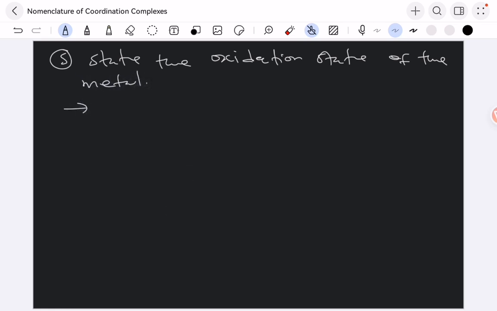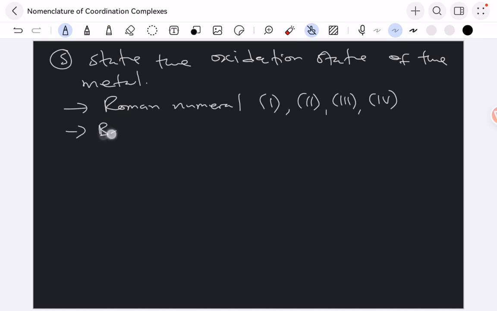This usually is shown in Roman numerals in brackets, to show the oxidation state of a metal. Usually this helps us to balance the charge of the complex.